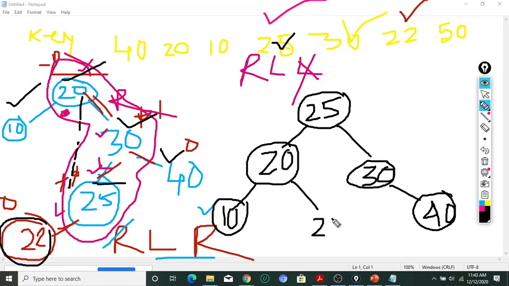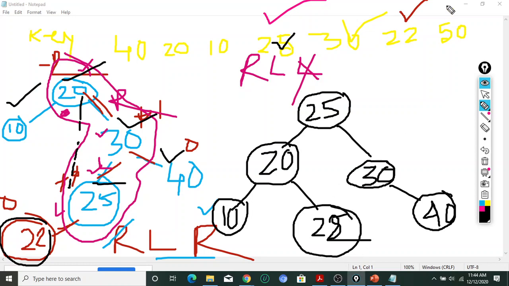We do not consider the left child of 30, this place is open, this place is also free. Please try to understand, 22 is the left child of 25. Yes or no? Yes. So after rotation, 22 will be the left child.